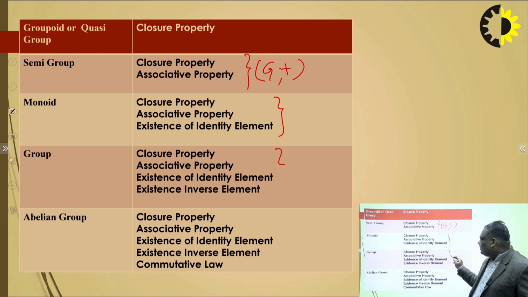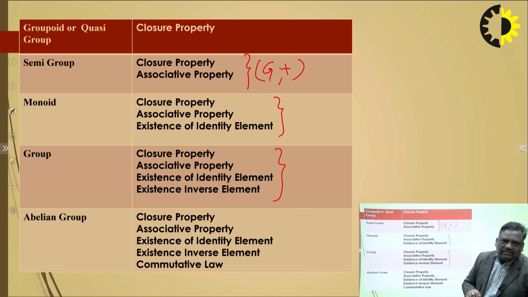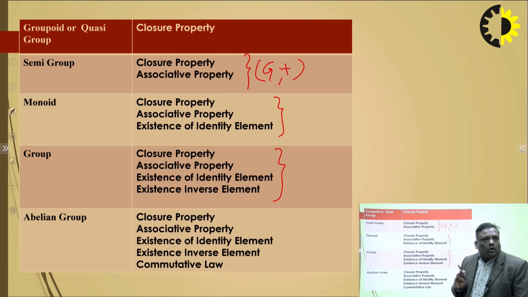So, if we have these four properties, then we can say that the structure is a group. And if we have five properties, closure, associative, existence of identity, existence of inverse and commutative law, that structure is known as abelian group.